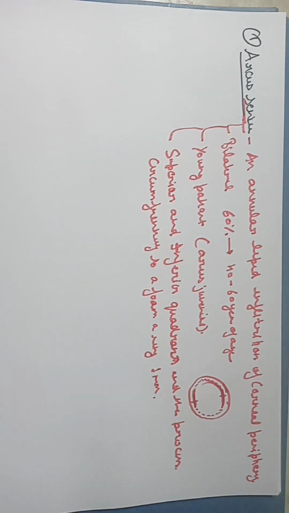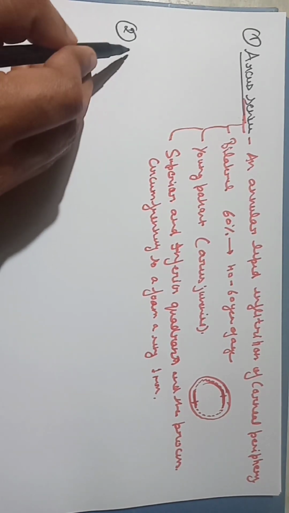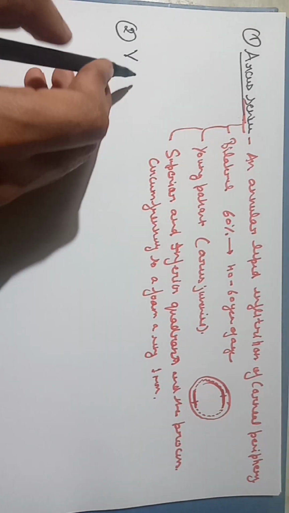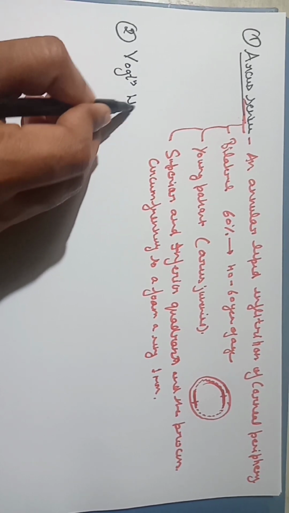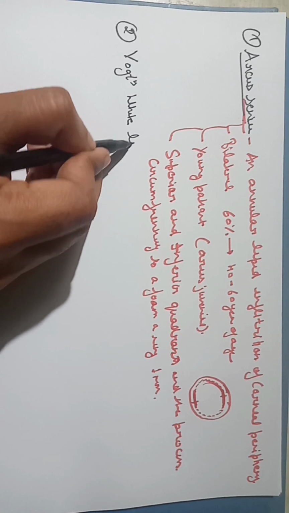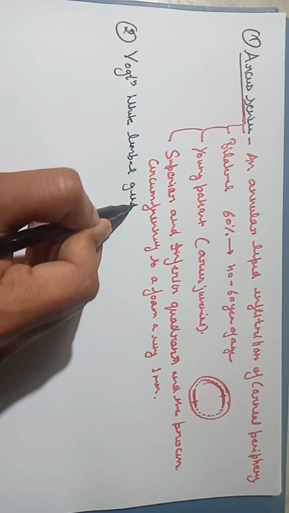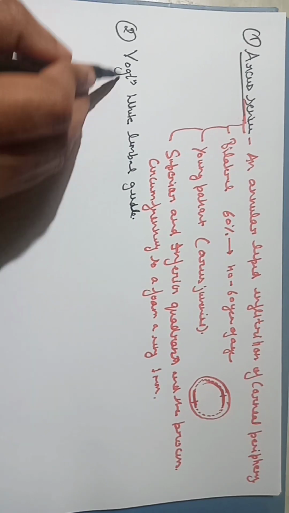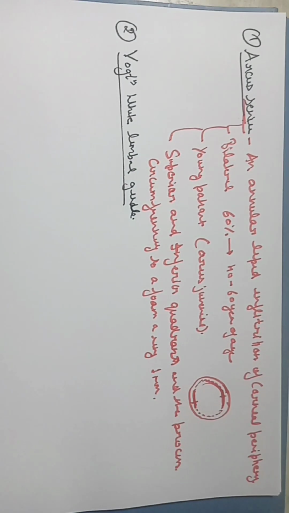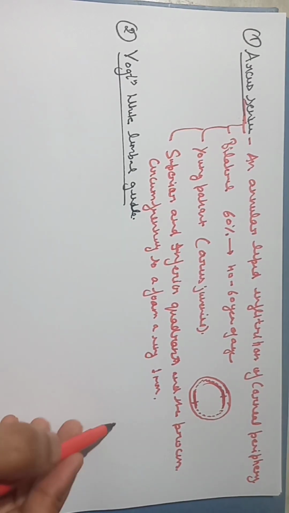Okay, so the second one is Vogt's white limbal girdle. Okay, so there is a very minute difference between arcus senile and Vogt's white limbal girdle.